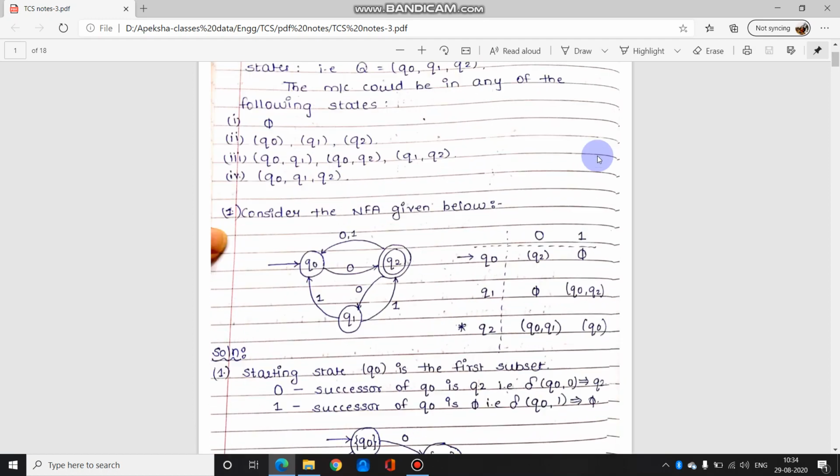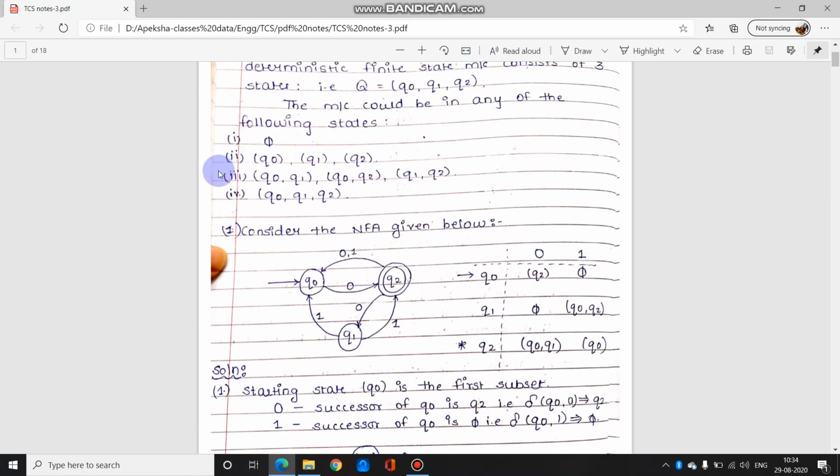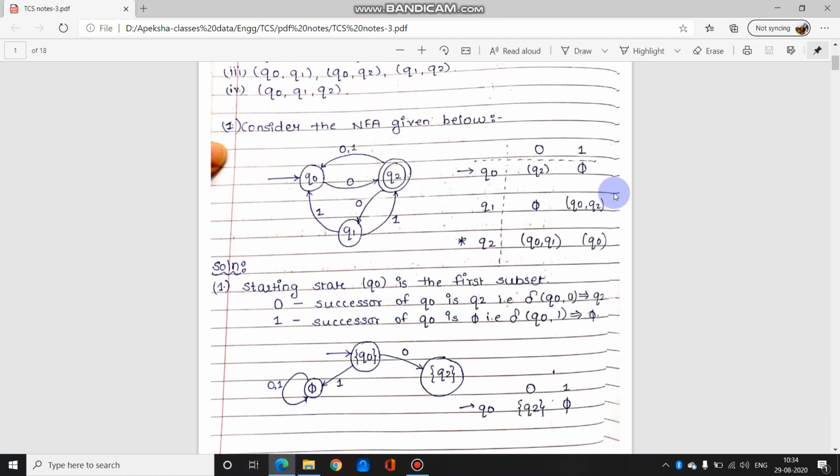So as I said, if a machine is having three states, then any possible combination of states it can reside in. So that is what we see over here. Q1 पे if the input is 1, the machine can be in Q0 or it can be in Q2. Similarly, when the machine is in Q2 state, on arriving 0 input, the machine can be in Q0 state or it can be in Q1 state.